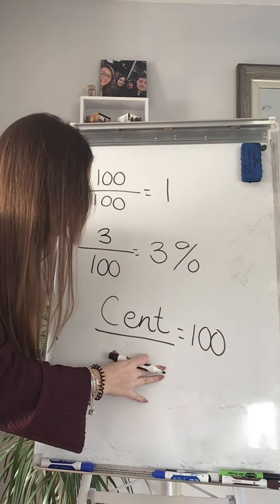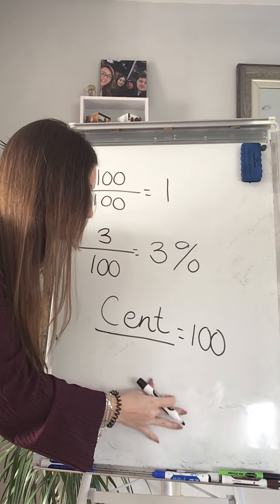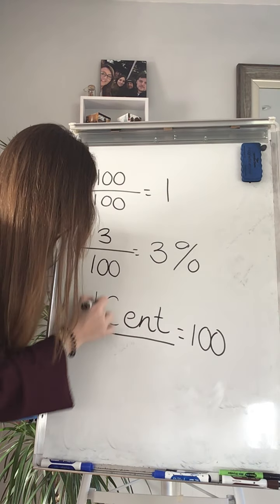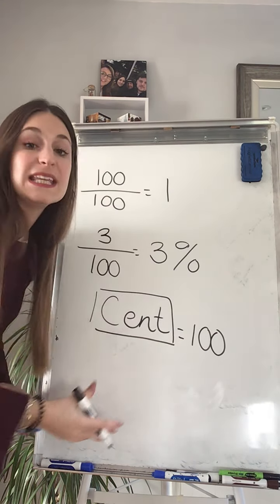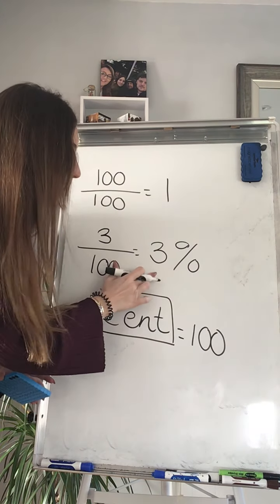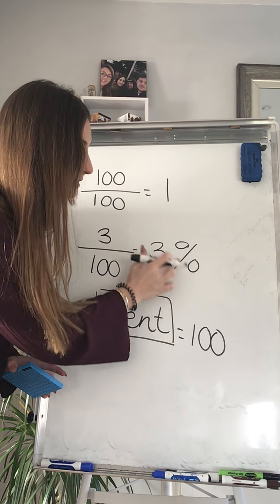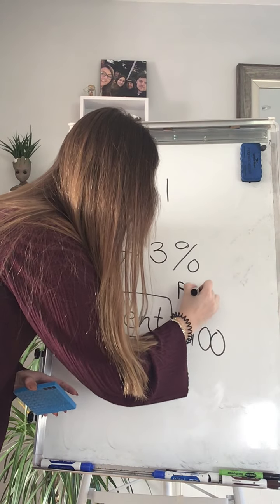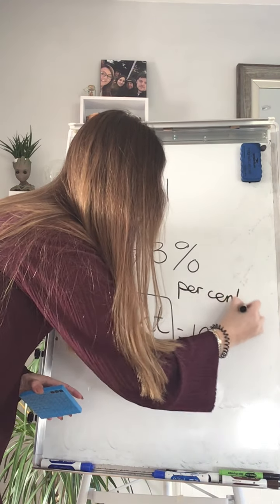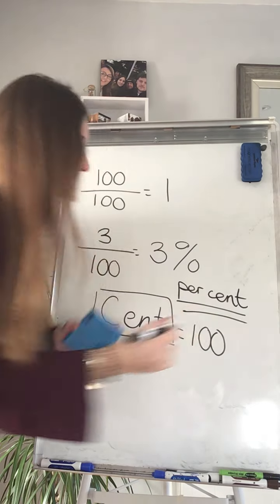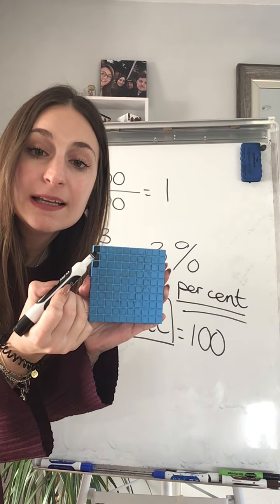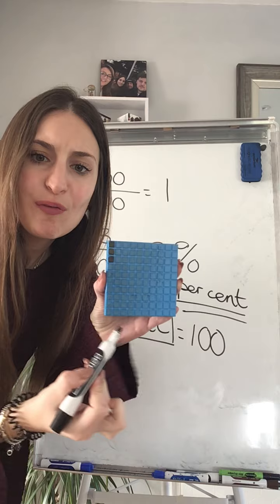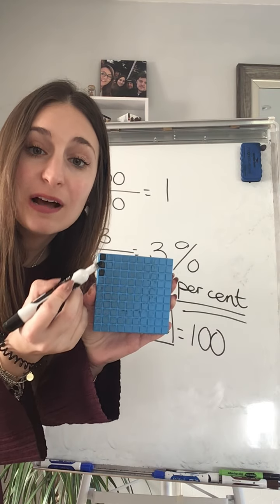So you do need to basically try to remember that cent, which you know already, is 100. If I just use this symbol that means percent, that will say that I have 3 out of, or from 100, I only have 3.